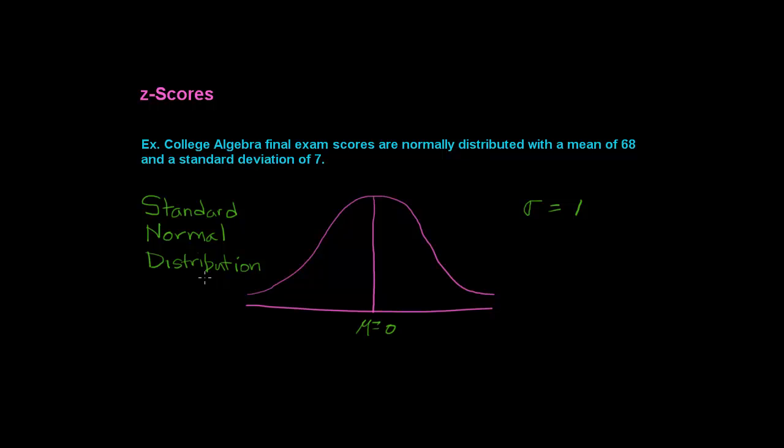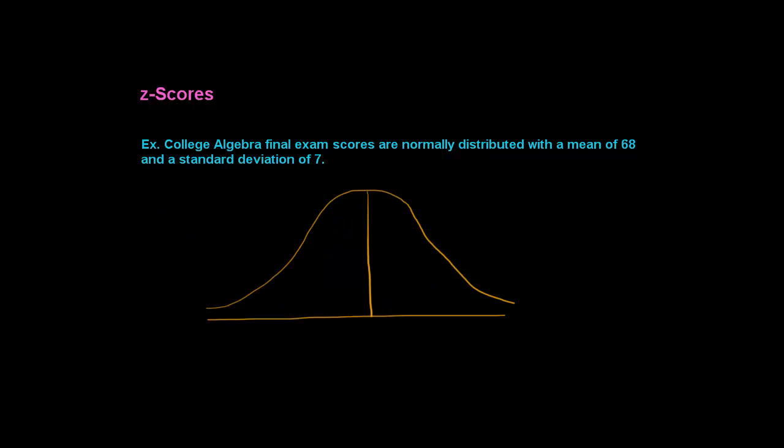Okay, so let's look at what this means with regard to our example. So here's our bell-shaped symmetrical curve, and now let's put what we know. So we had our x values, which were the test scores.